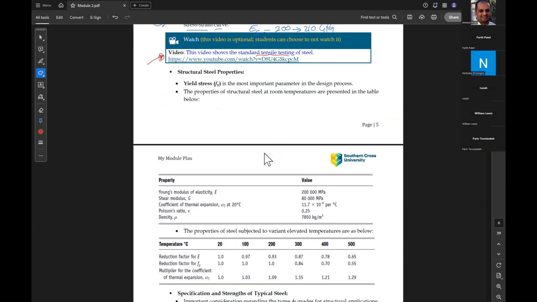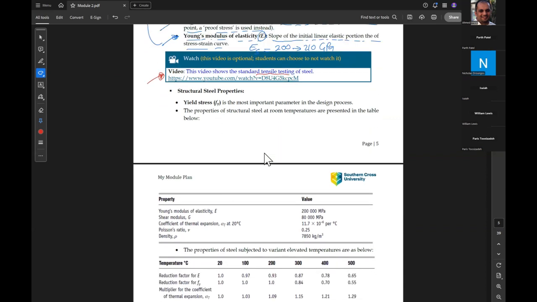So here are some examples of the available structural steel in the market. Again, the yield strength or yield stress F yield is the most important parameter in the design process, because all the design is based on F yield, not F ultimate.